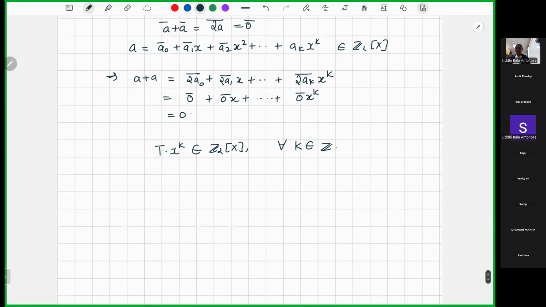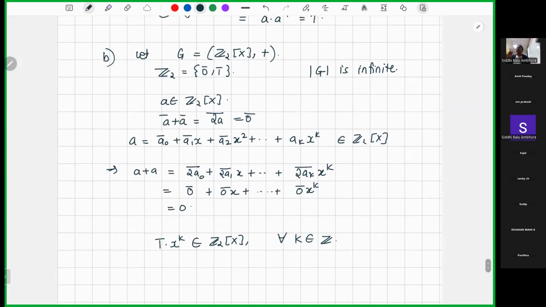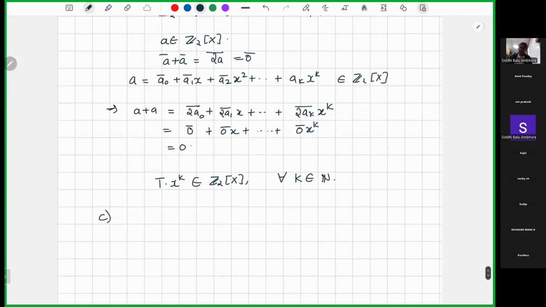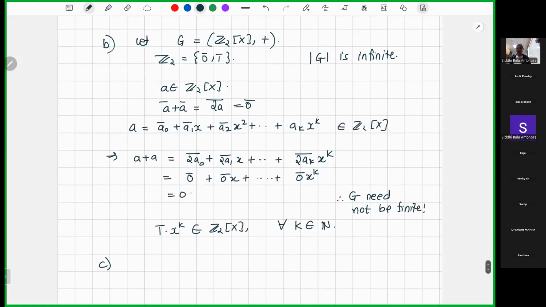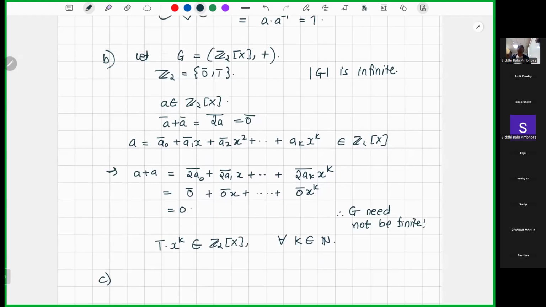This is the example where G was infinite. So will G always be infinite if it satisfies A square is equal to 1?